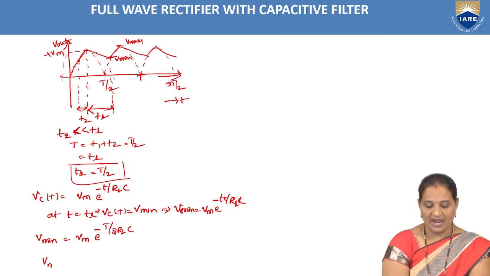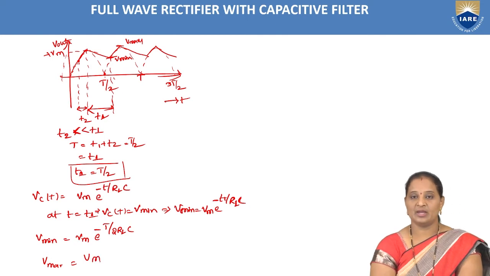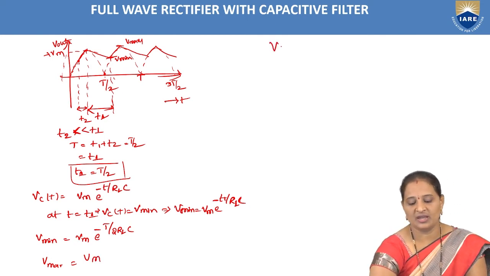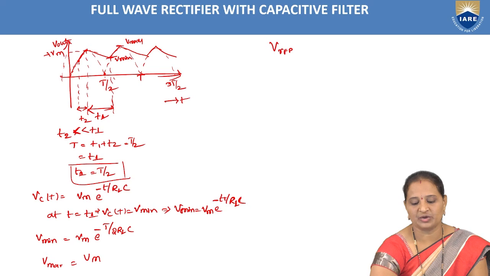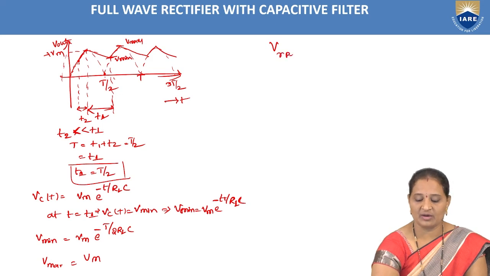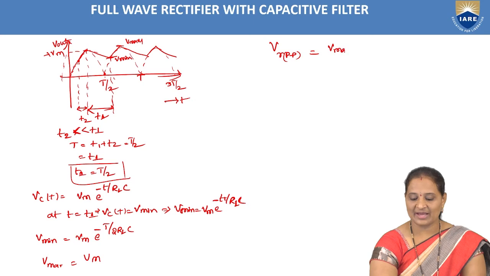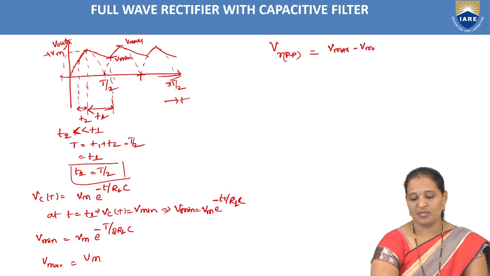Whereas Vmax is equal to Vm. Now we are finding the ripple voltage peak to peak, VR peak to peak, which is given by the maximum value minus the minimum value.